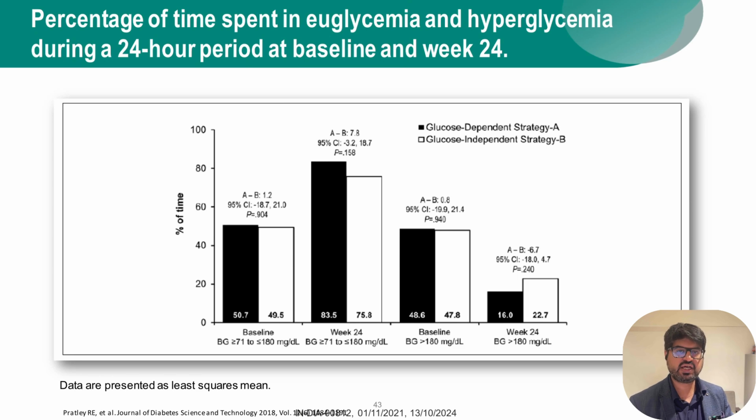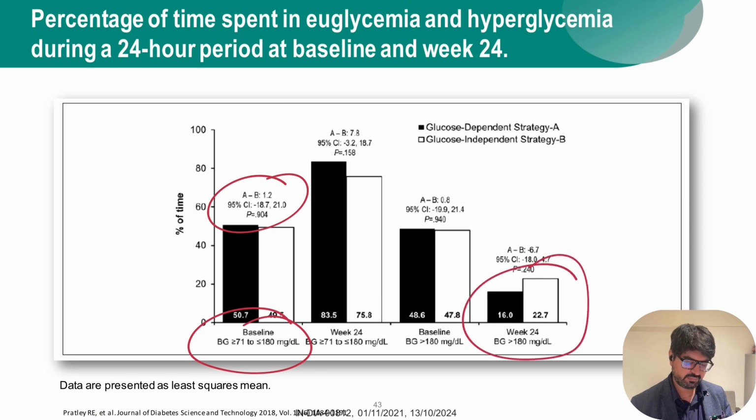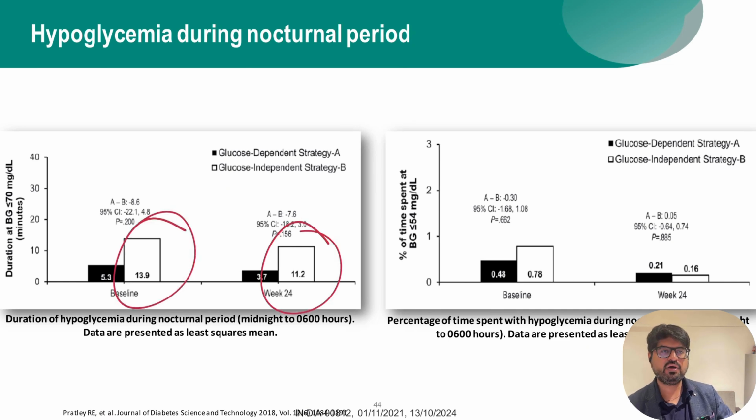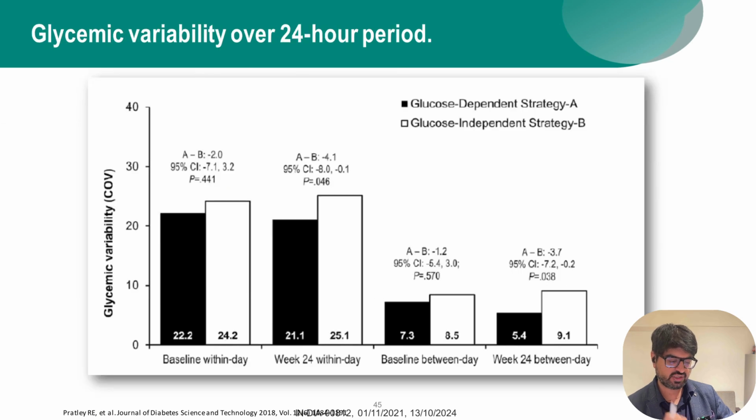Again, percentage of time spent in euglycemia and hyperglycemia over a 24-hour period, you can see that now they're looking at something like time in range, right? So looking at the time in range, greater than 70 or less than 180, more or less it is similar, right? But if you see again, at week 24, the time in range also changes a lot, right? So there are a lot of changes which happen, and nocturnal hypoglycemia is also definitely high in the situation where they have more of the drugs which tend to produce glycemic complication, right?